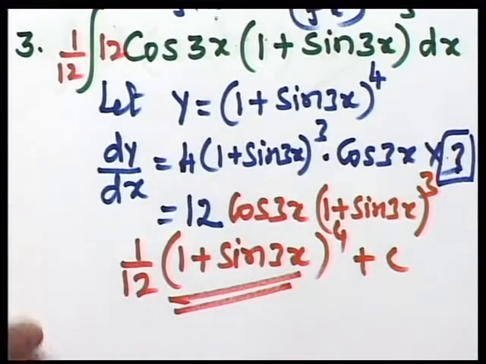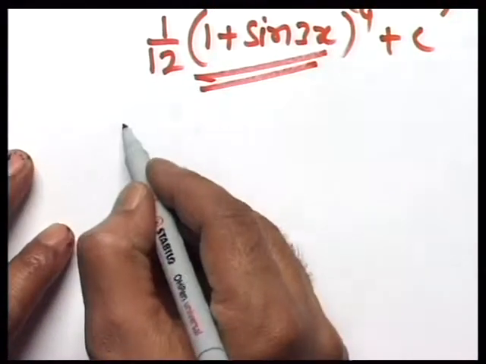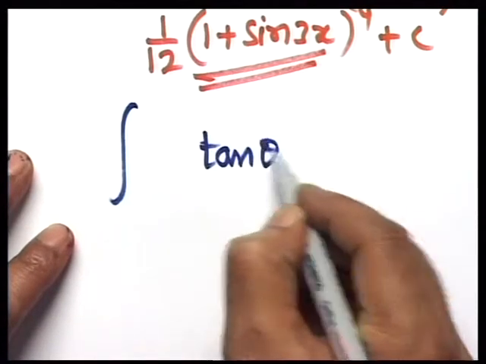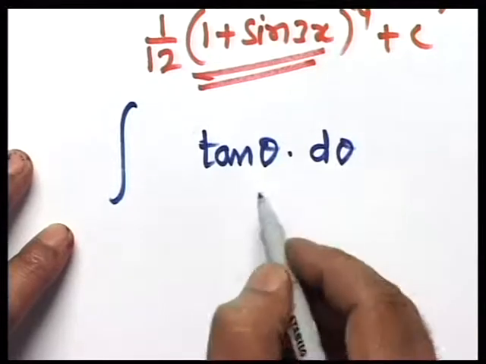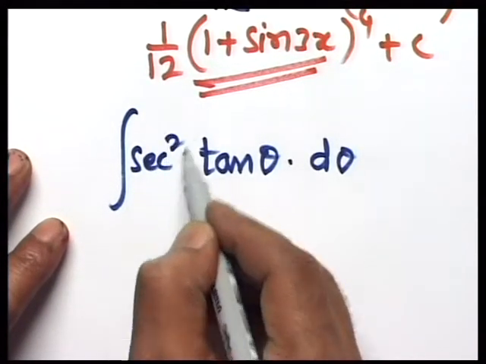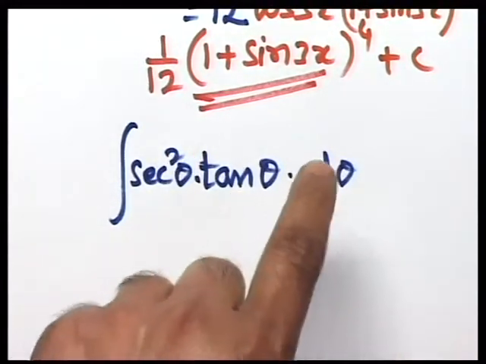What if I have a question like this, say, so let's use trigs. Let's write tan theta, right? Tan theta d theta. Differentiate tan, sec squared. Let's write sec squared theta in front. So it's sec squared theta times tan theta d theta.